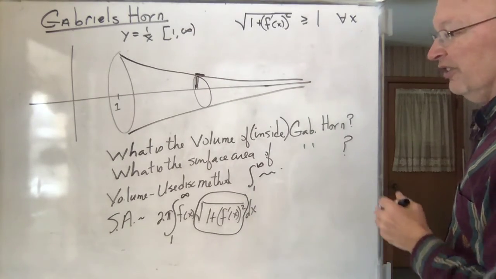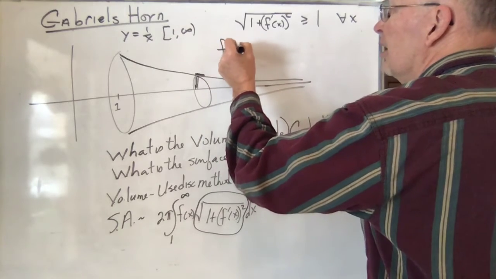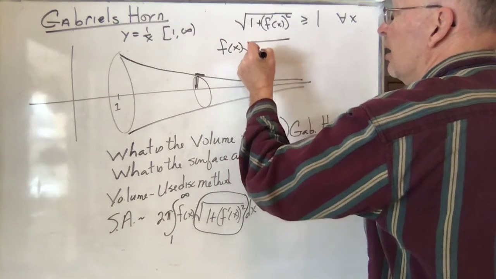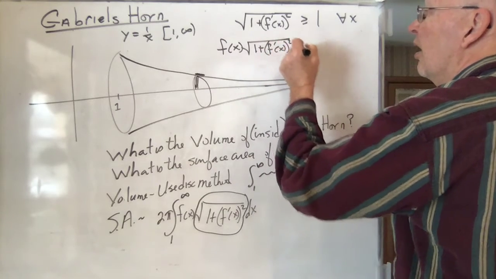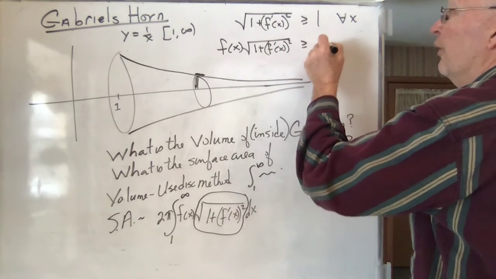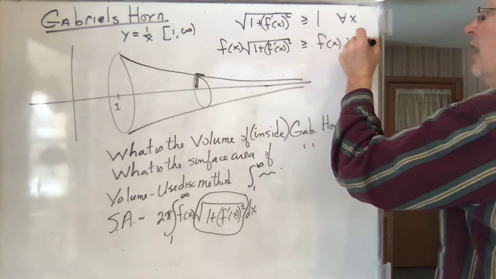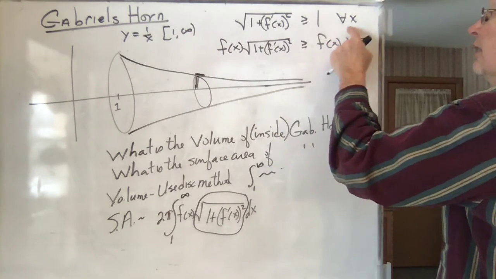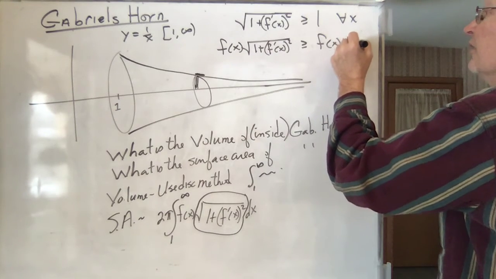And so, since that's the case, this function is going to be greater than or equal to this function for all x, from 1 to infinity. I keep running out of room here. I need another 6 inches on this board.